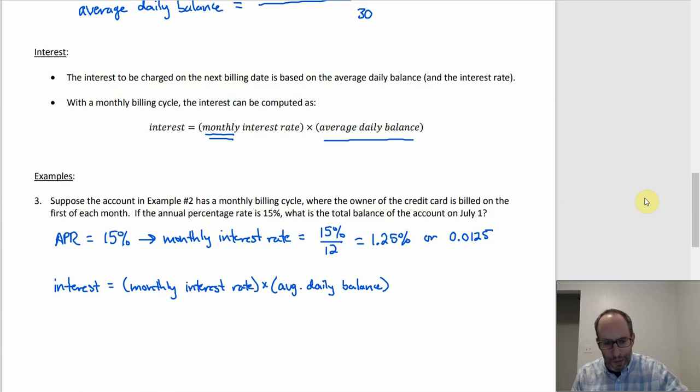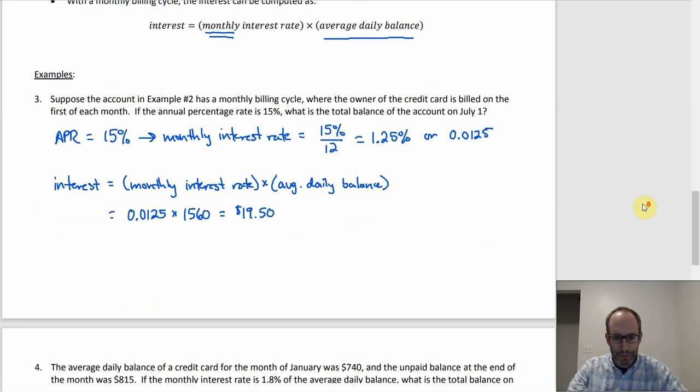And okay, well then that'll be 0.0125 times the average daily balance of 15.60. And we're going to get $19.50.